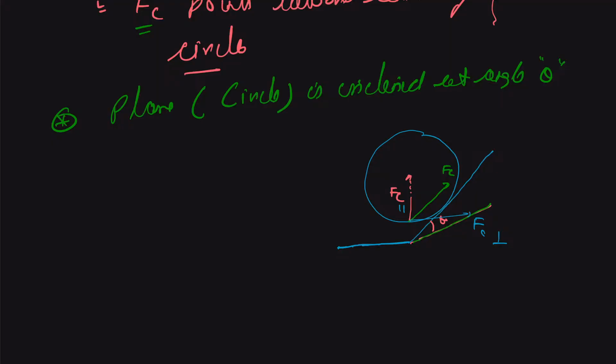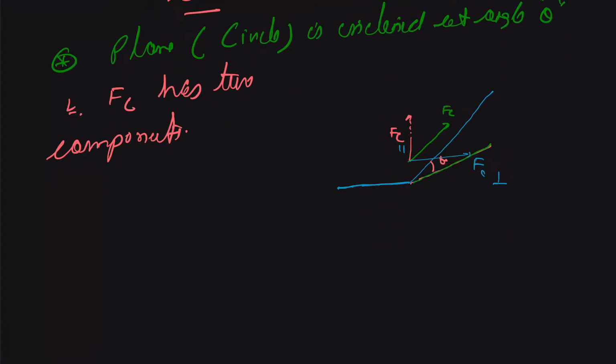So we said that the plane is inclined at an angle theta. So we can say that our centripetal force has two components. Okay, so let me redraw this figure. So we have a plane.